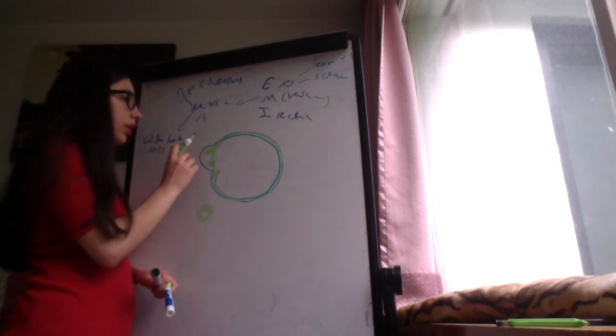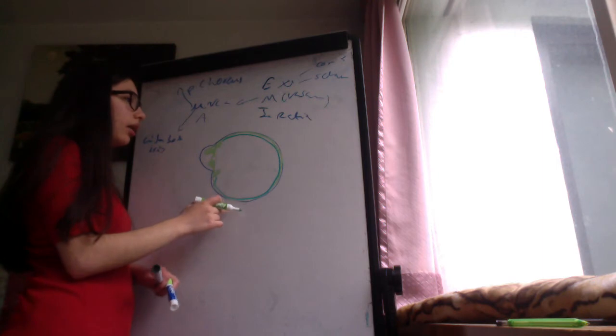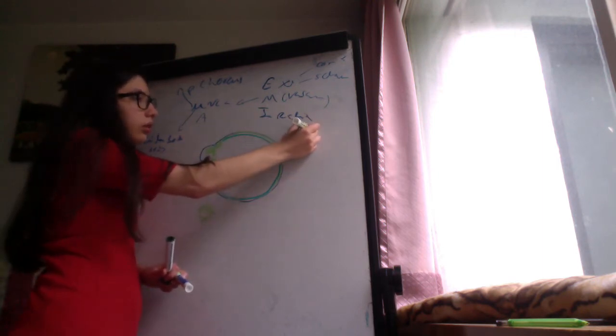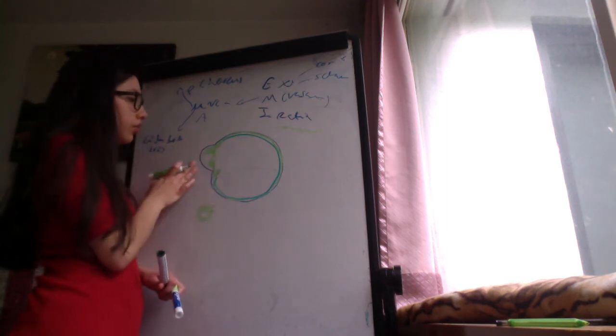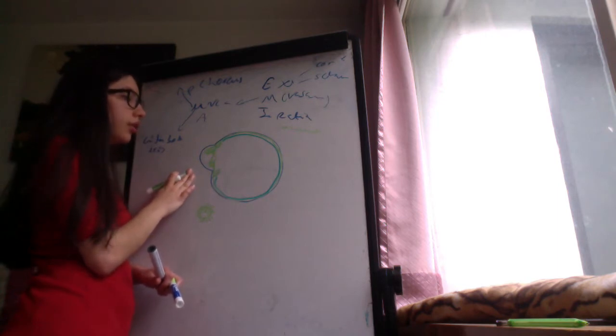Alright, so the external layer is the cornea and the sclera, and all the sclera is covered by the conjunctiva. The cornea does not. So we have a posterior chamber and anterior chamber.